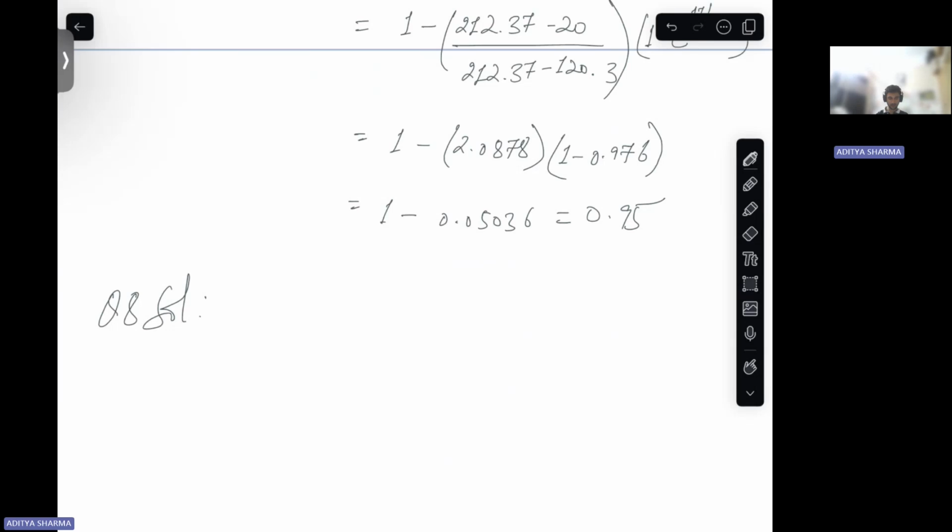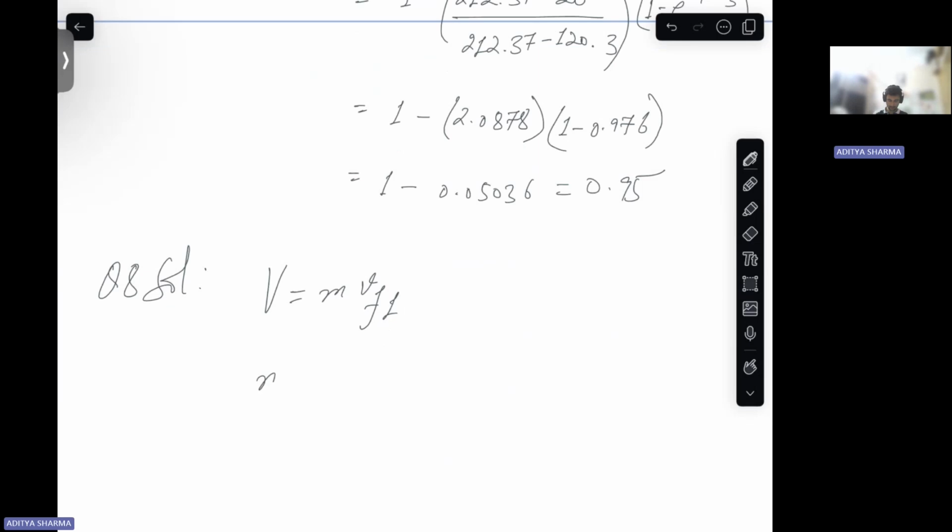Water volume you will calculate basically using specific volume data and your water mass. And how you will calculate your mass? This will be stored energy divided by enthalpy difference.